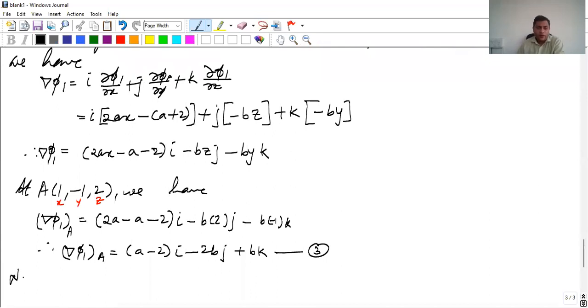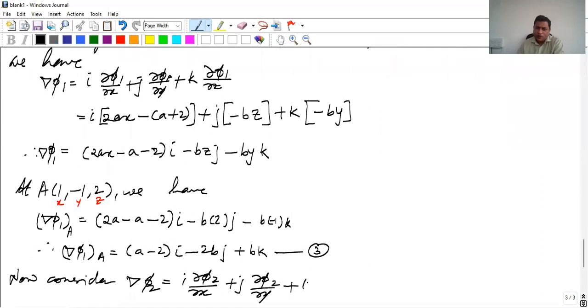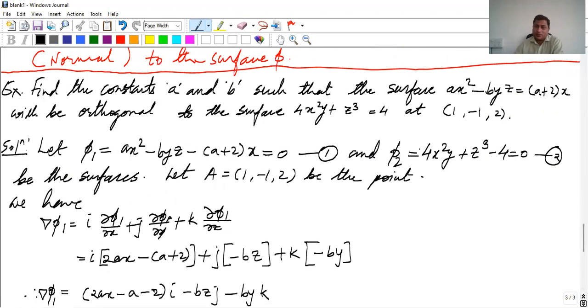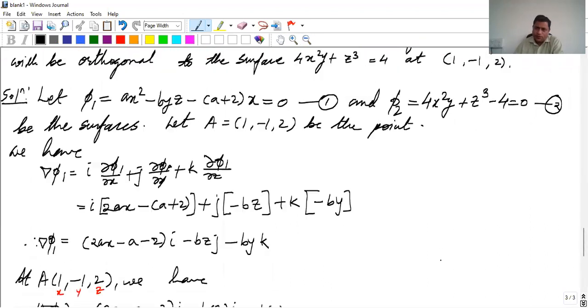Now consider del phi 2. It is i ∂phi 2/∂x plus j ∂phi 2/∂y plus k ∂phi 2/∂z. Now we have to use this equation, 4x square y plus z cube minus 4.